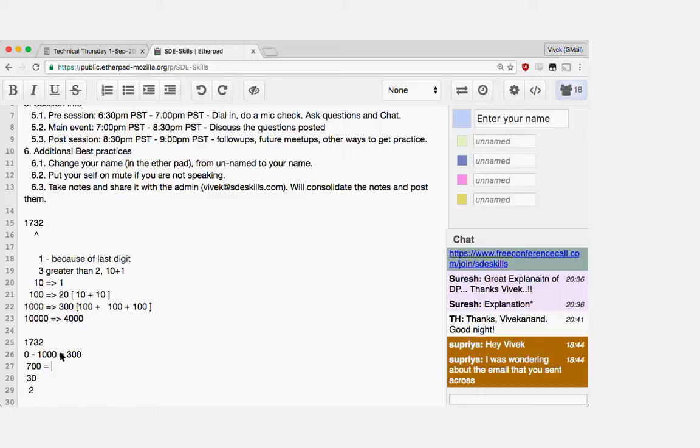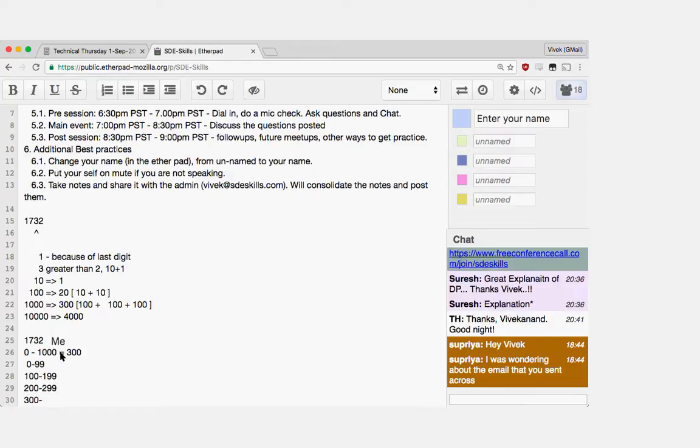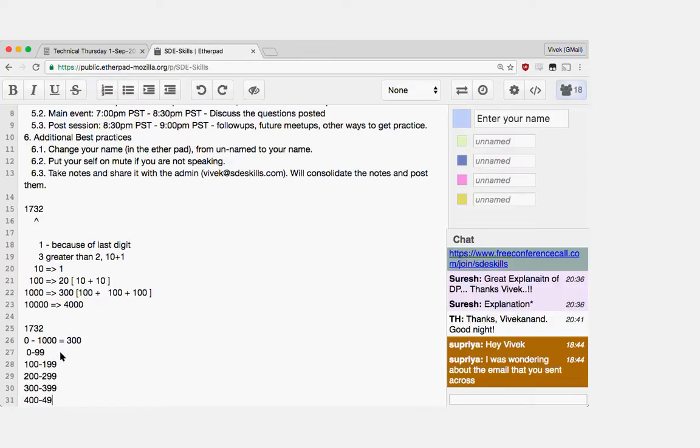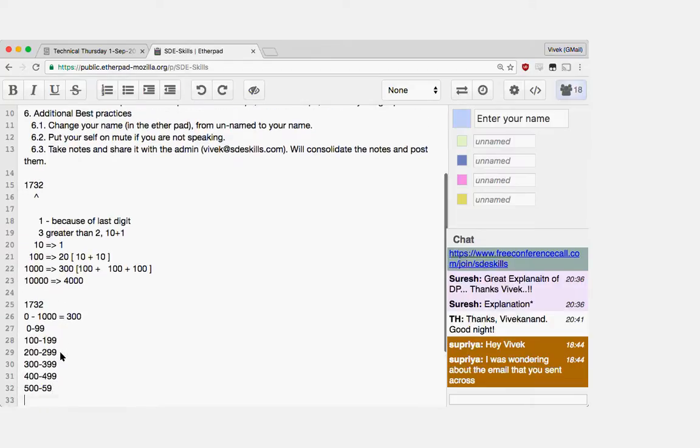140. How do you know that? It's not 140, but how do you know that? Actually, I just multiply. No, it is not 140 because it is 0 to 100 and then the 200 series will come, so that will add 100 more. We can take 0 to 99, 100 to 199, then 200 to 299, 300 to 399, 400 to 499, 500 to 599, 600 to 699.